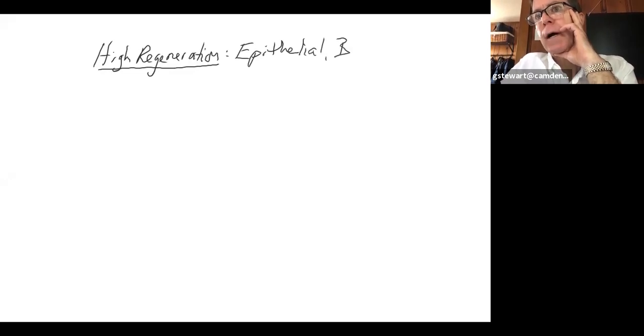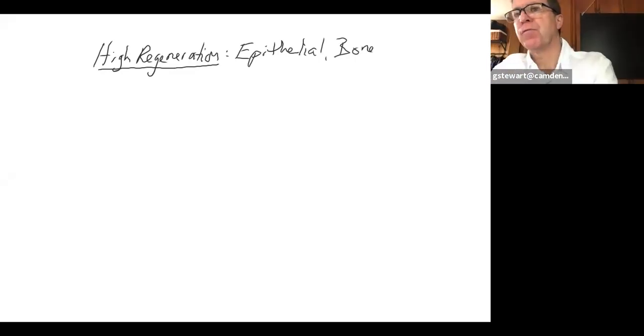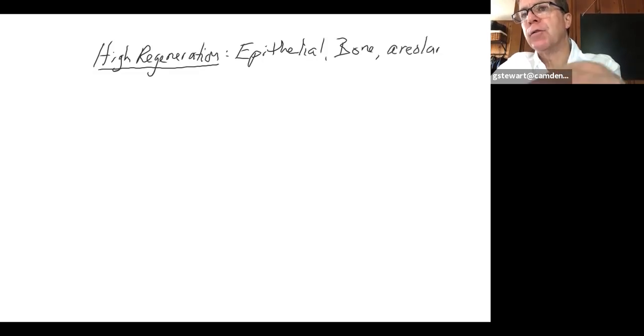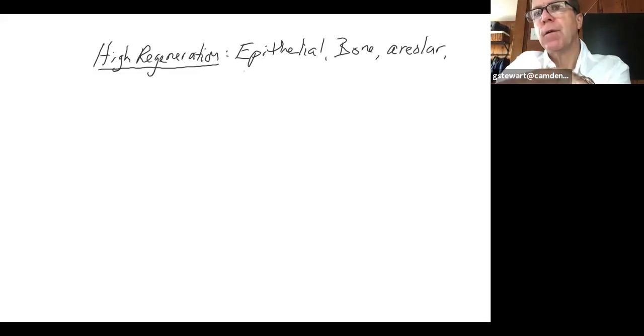Bone is also highly regenerative. It does take longer to repair when you break a bone, but depending on the severity of the break, it usually repairs itself quite well. Areolar is highly regenerative, that loose connective tissue. Dense irregular, that stuff that we find deep in the skin.